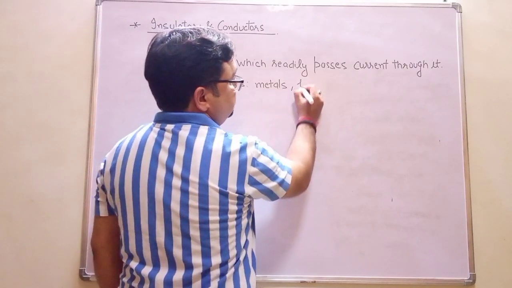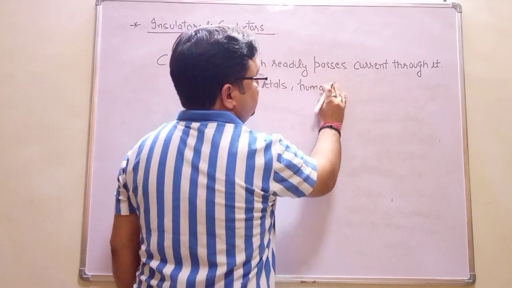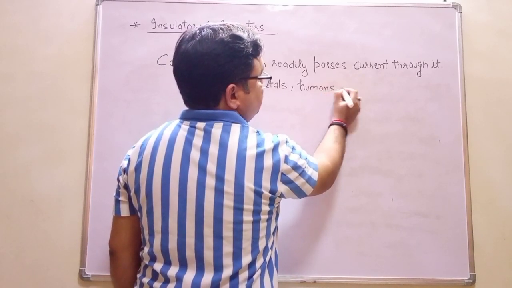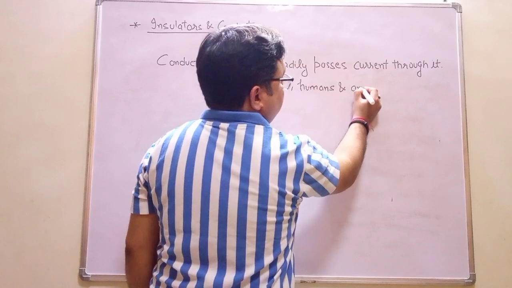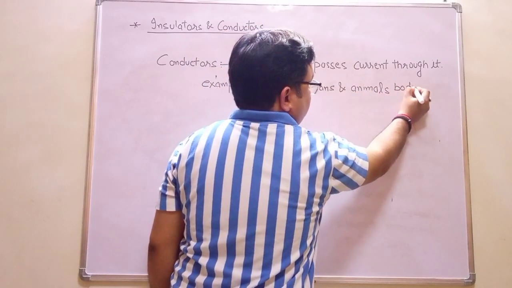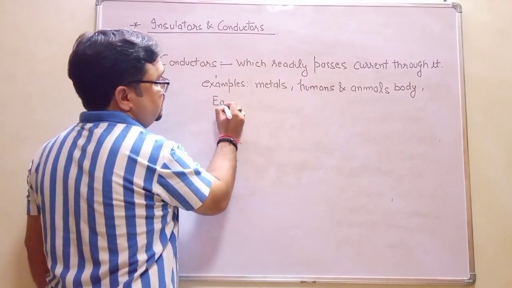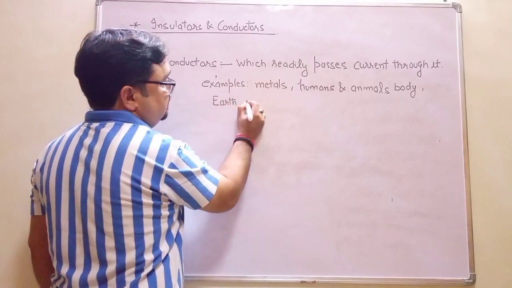Metals, humans and animals body are good conductors of electricity. Earth, etc.